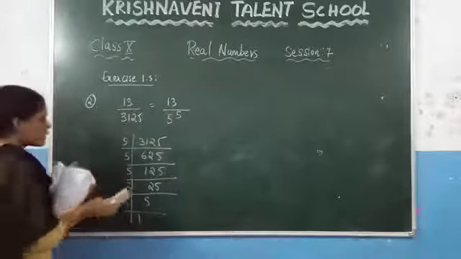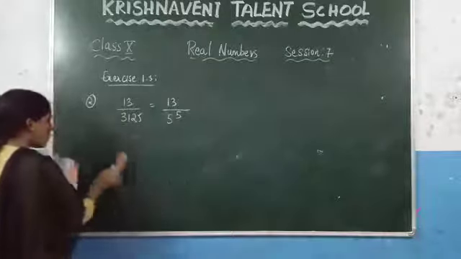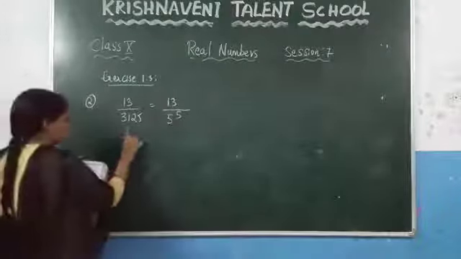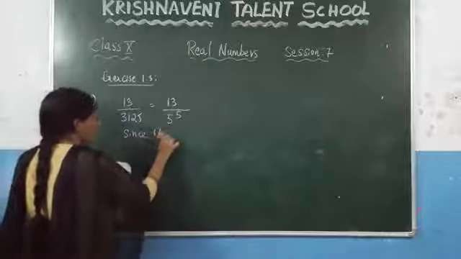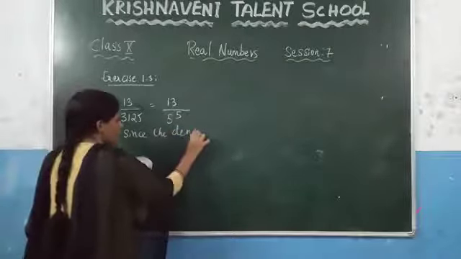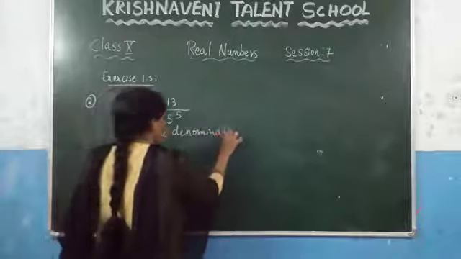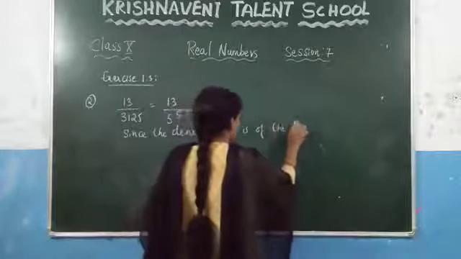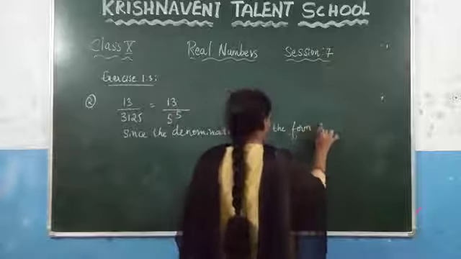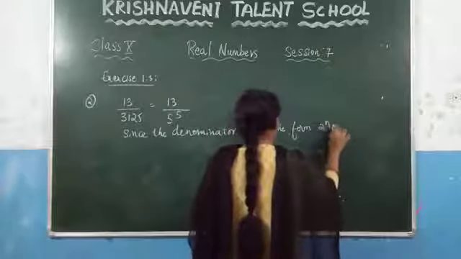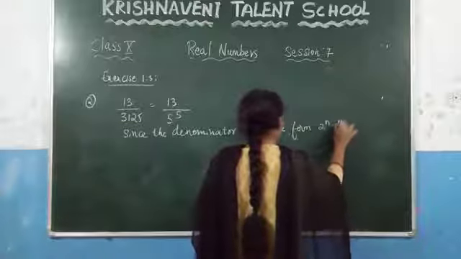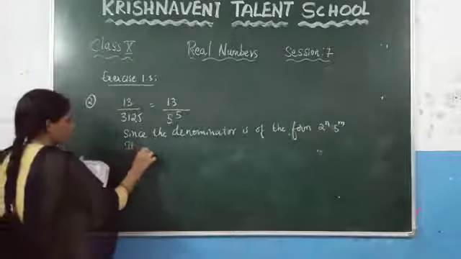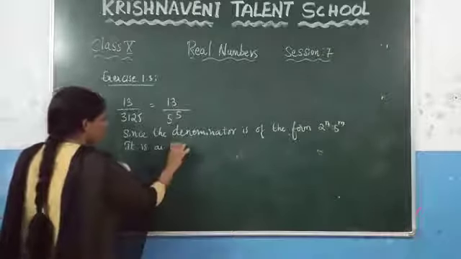So here, since the denominator is in the form of 2 power n and 5 power n, we can say that it is a terminating decimal. Here write, since the denominator is of the form 2 power n and 5 power n, it is a terminating decimal.